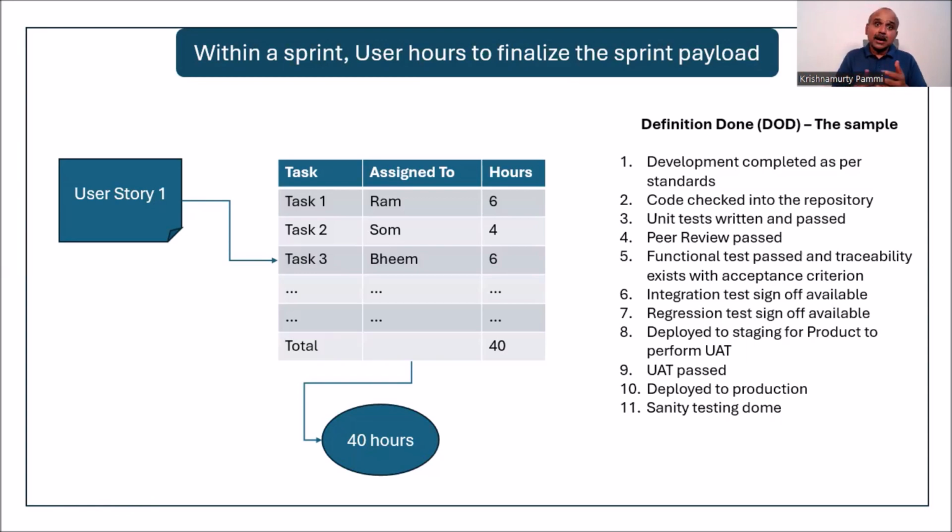There is another thought process where people say, keep the average developer in mind, not a specific person. Let's take an average person: risk-wise, complexity-wise, effort-wise, how many hours will it take? This is for the next 2 weeks. So the user story is divided into tasks, and tasks are assigned to a specific person.